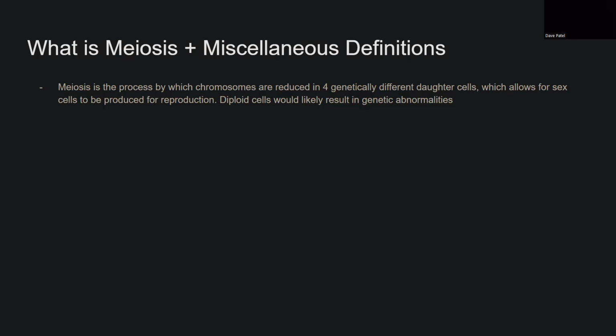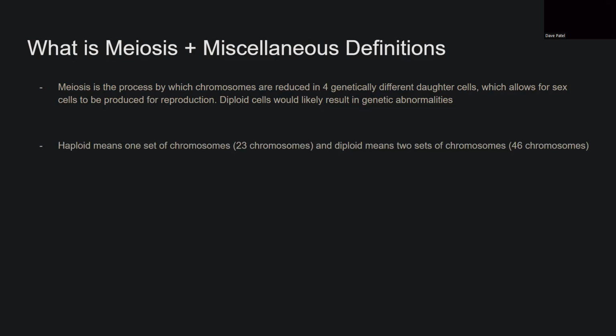So you need to have the haploids containing half the amount of chromosomes in order for reproduction and the future baby to be free of problems, right?